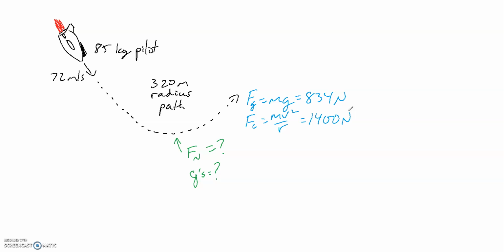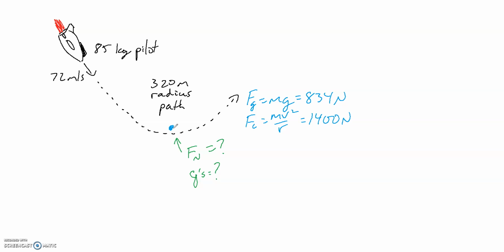So when he's at the bottom of the path down here, there are two forces acting on him. You've got the force of gravity pulling him down, and if he was just sitting there at rest doing absolutely nothing, the Fn would just be equal to the mg. But he's not just sitting there at rest. Not only does he have force on his butt from gravity, but he's got extra force because he also wants to go in circular motion.